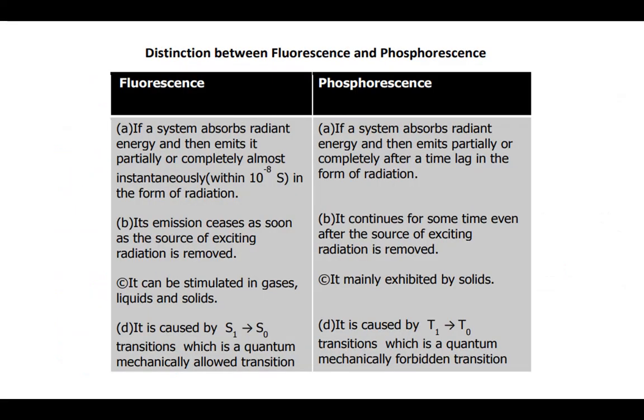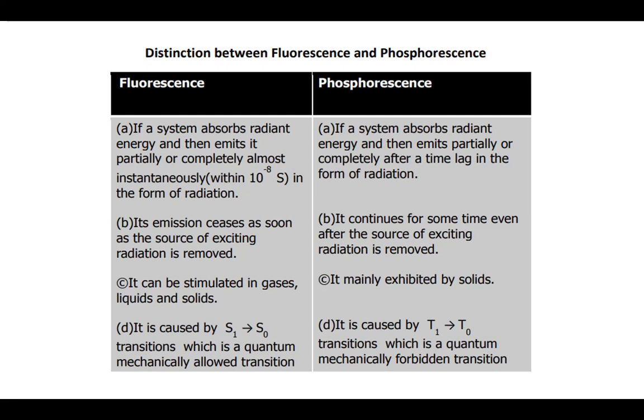Now we will compare and see the difference between fluorescence and phosphorescence. In case of fluorescence, if a system absorbs radiant energy and then emits it almost instantaneously, within 10 raised to power minus 8 second, in the form of radiation, this process is known as fluorescence.